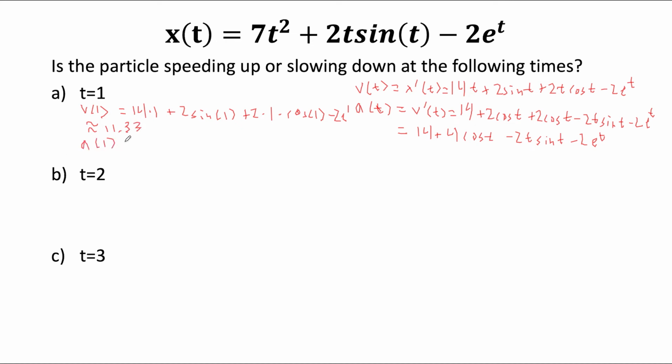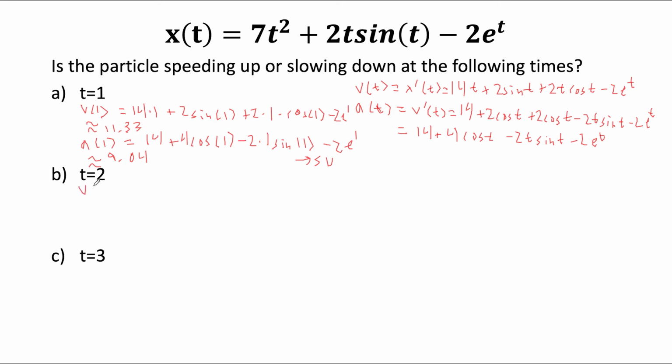Now a of 1 is 14 plus 4 cosine of 1 minus 2 times 1 sine of 1 minus 2e to the 1. And if you plug that into your calculator, you should get roughly 9.04. And because both 11.33 and 9.04 are greater than 0, we can say that at time t equals 1, the particle is speeding up.